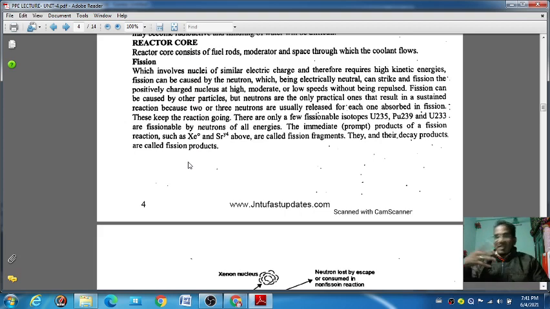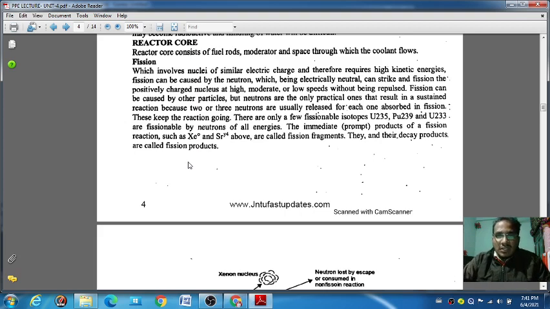Because of the electricity, it will be neutral, and then the positive charge will make a high nuclear moderate at low speed. There is no repulsion there.